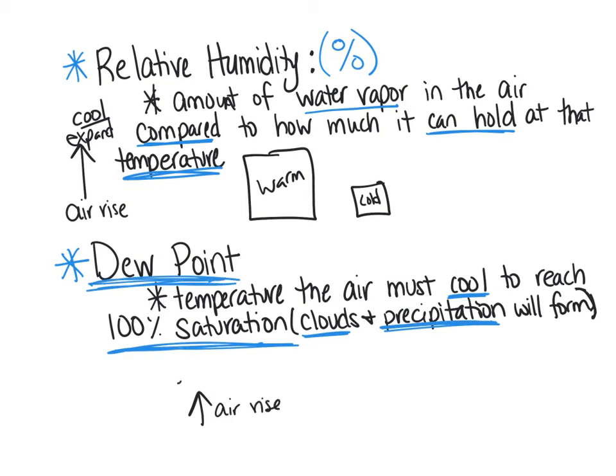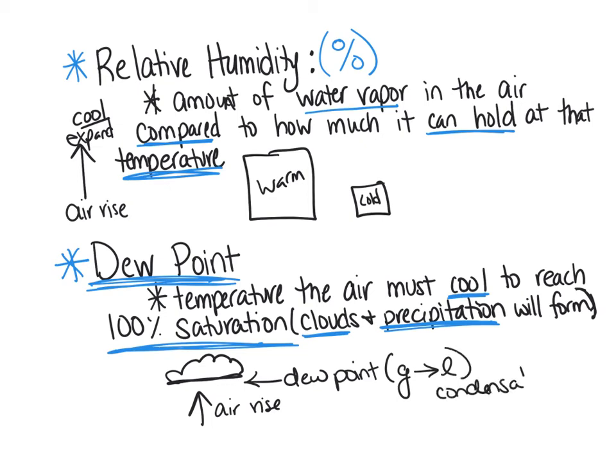The dew point temperature is usually the temperature that is reached when the bottom of clouds begin to form. That is because this is the location where condensation can begin because the air is saturated, because it's at the temperature where the air is holding the most it can at that particular temperature.